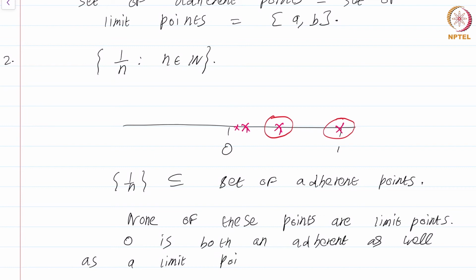So the set 1/n is sort of getting infinitesimally close to the point 0, right? So here the set of limit points is just one element, the element 0, whereas the set of adherent points is 1/n along with 0. Okay, so these two notions need not always coincide.